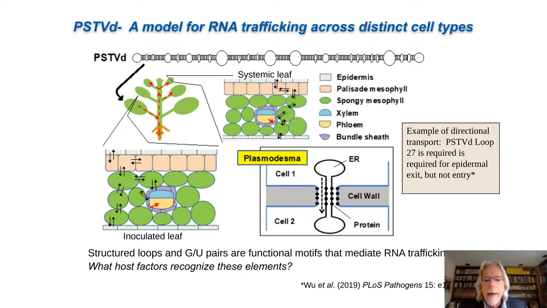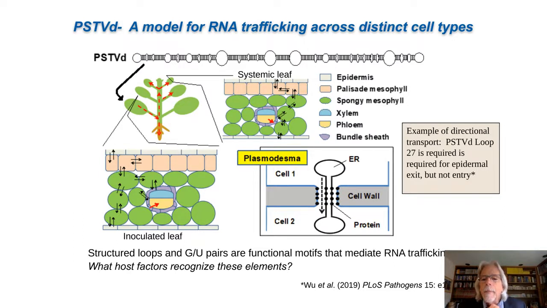Of course, it can move laterally within layers as well. And then it gets into the phloem, shown by the red arrow, for long distance transport. Now, up and to the right, you'll see a systemic leaf, and you'll see the viroid, the RNA, exiting the phloem, and then subsequently invading that leaf as well.